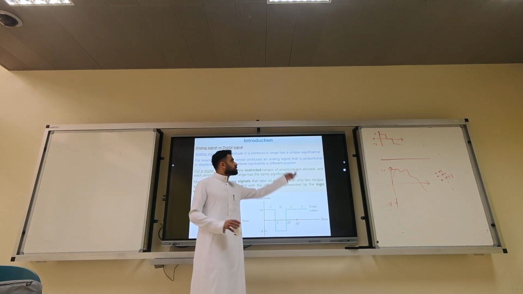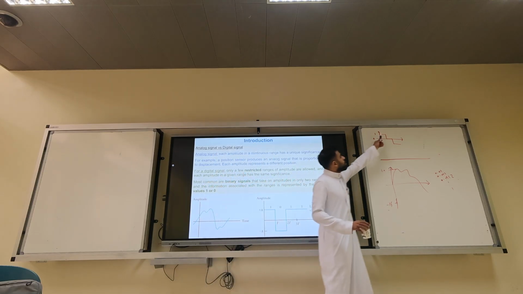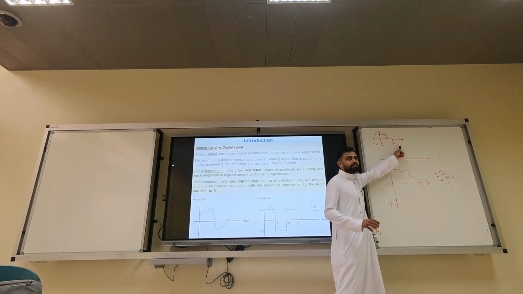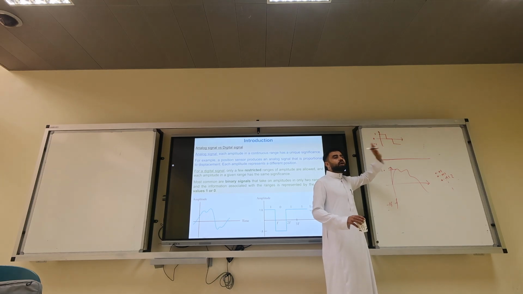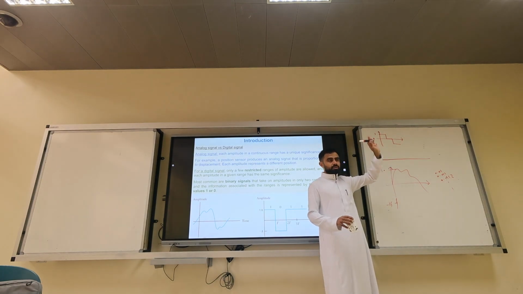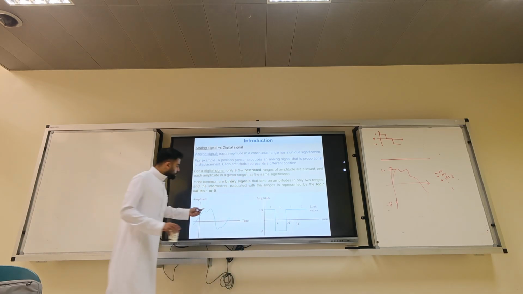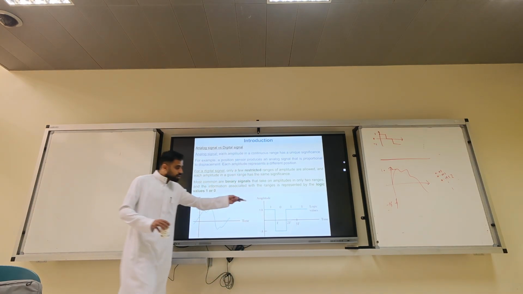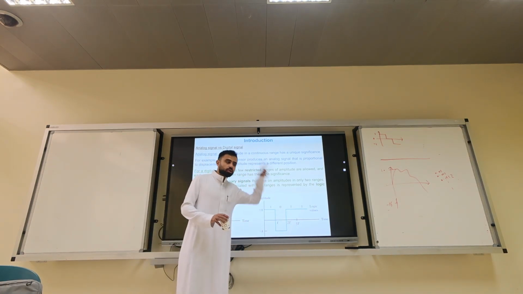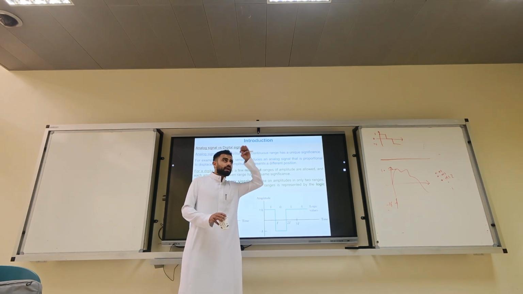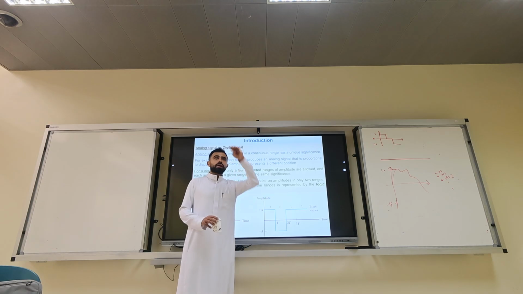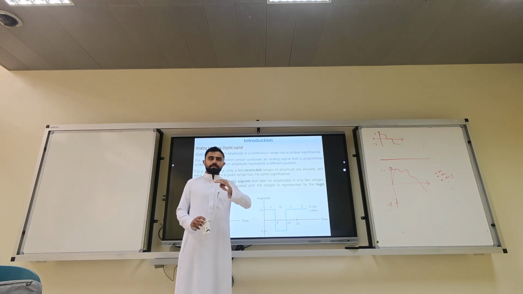This one, either 1 or 0 or -1. The point here: you have limited options of output. Here, you have infinite options of output. Here, you have very limited, only 2 options, either high or low, 1 or 0, plus A or minus A.